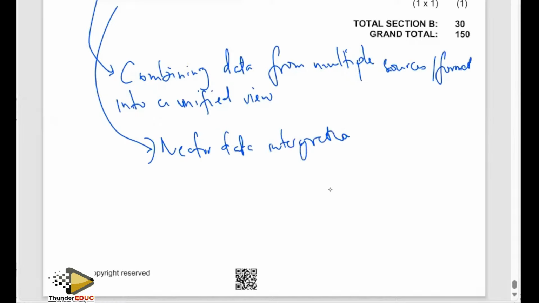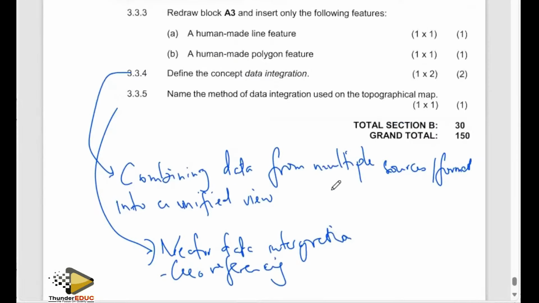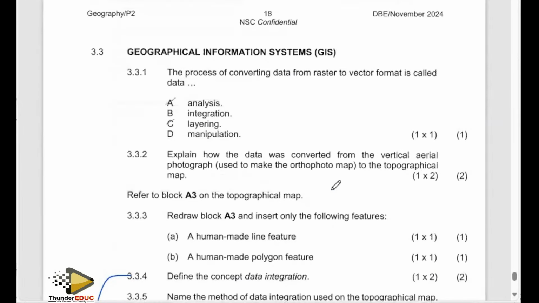That is what we can use mainly for that particular section for the orthophoto map. Or we can use georeferencing to integrate the data from different sources. We bring in data from different sources and we use those particular formats to integrate the data into one unified view.